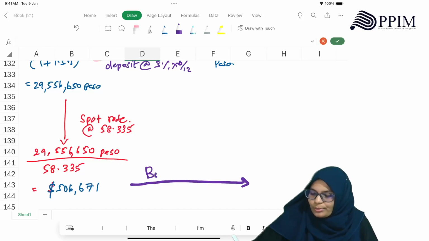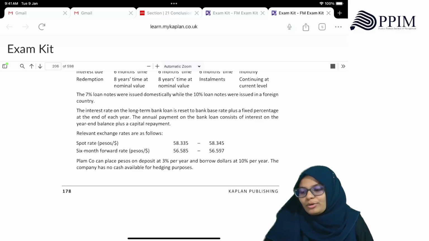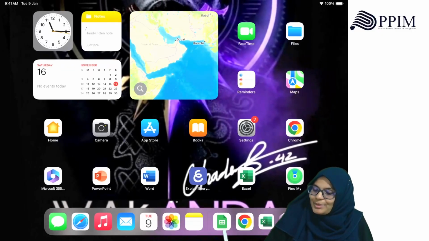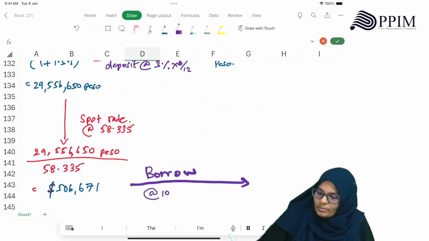So I will borrow. The borrowing rate they have given to me in the question: the company can deposit pesos at 3% per year and borrow dollars at 10% per year. So 10% is the rate, but remember, into 6/12.